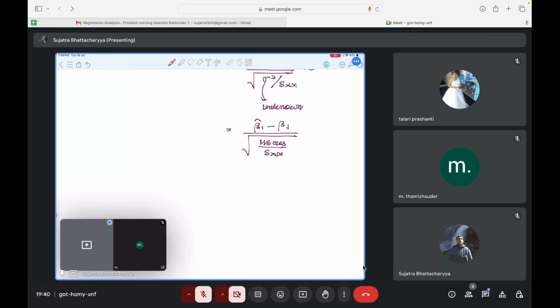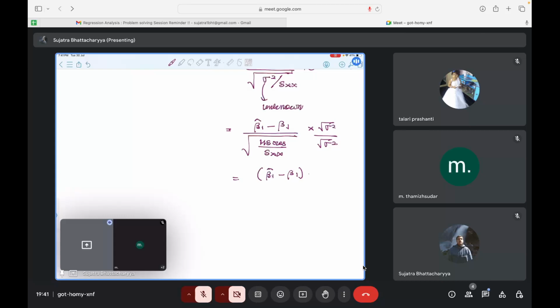But further, we need to do some changes. See, beta 1 cap minus beta 1. Now, if I divide it and multiply it by root sigma square and divide it by root sigma square, then what will happen?